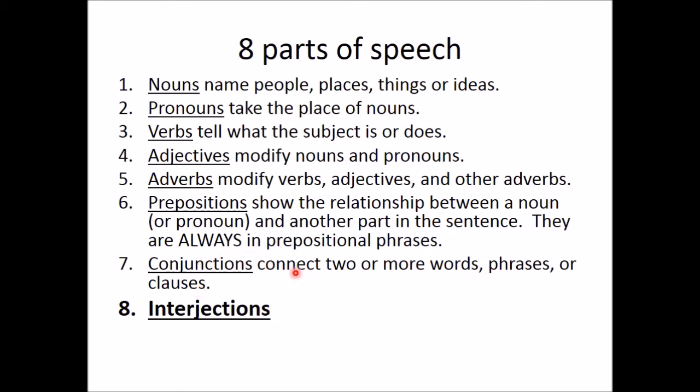The important thing to remember about conjunctions is they connect. They are connecting words. And that brings us to our 8th and final part of speech, which is interjections, and that's what we're going to learn about in this presentation. Keep in mind that anytime you see a sentence, every single word in that sentence is one of these 8 parts of speech. Okay?